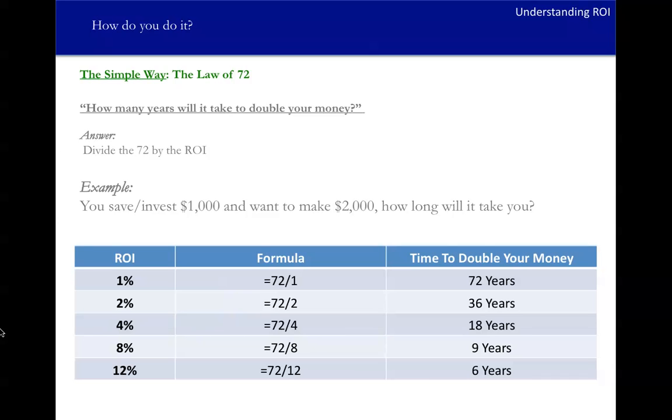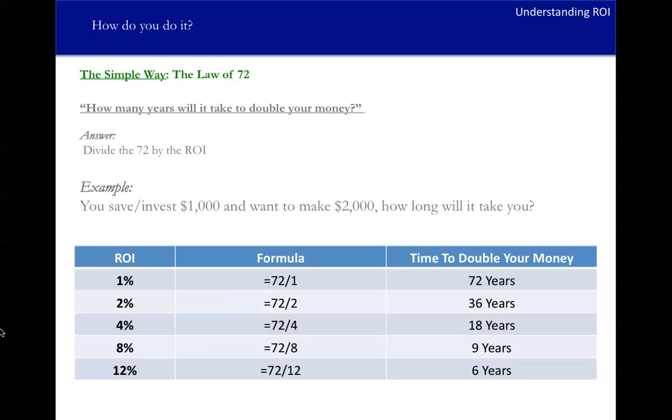If you invest in, for example, a savings account, which is, let's say, 2%, you take 72, you divide it by 2, and that gives you 36. So if you put it in a savings account yielding 2% ROI, you will double your money in 36 years.